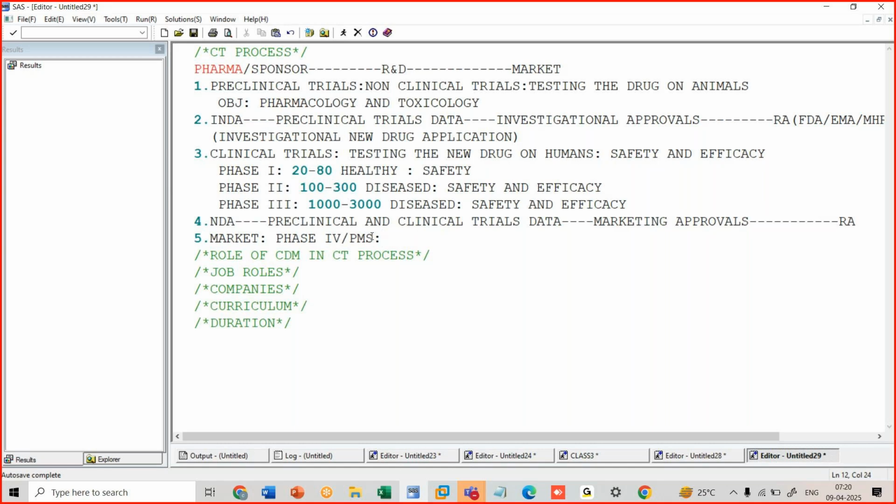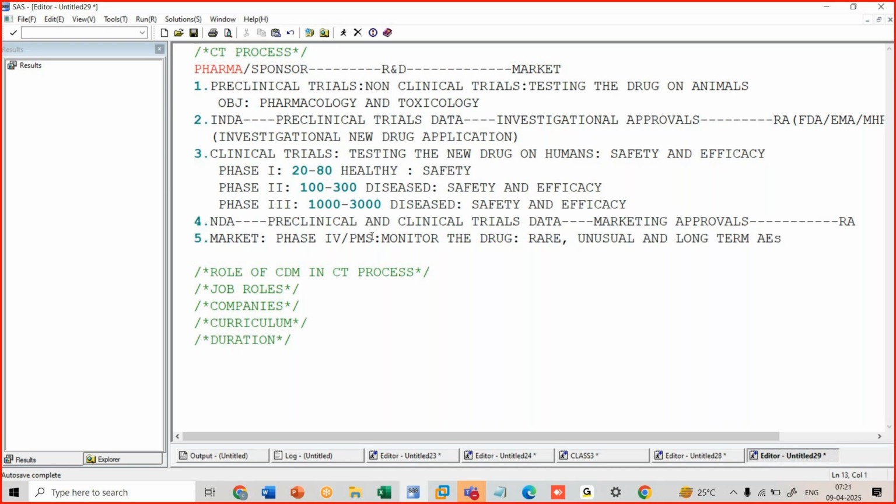As and when the drug is released into market, we'll start monitoring the drug even after marketing in order to detect the rare, unusual, and long-term adverse effects, which were not observed during clinical trials.